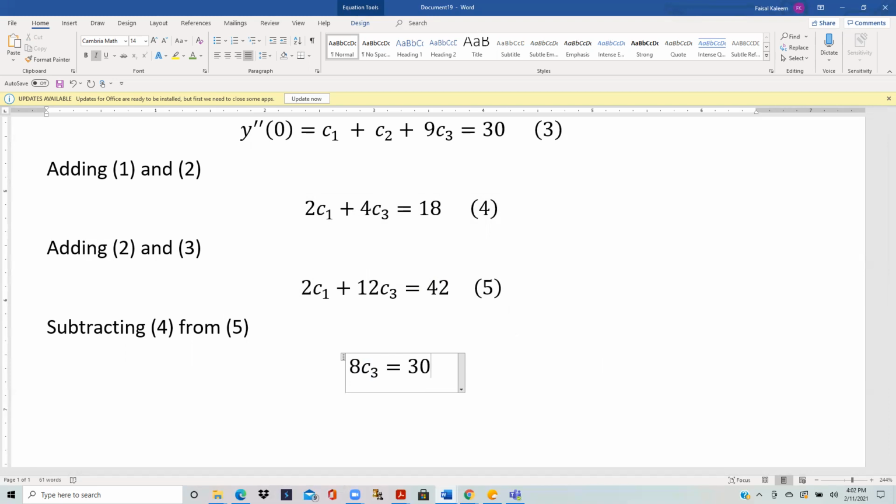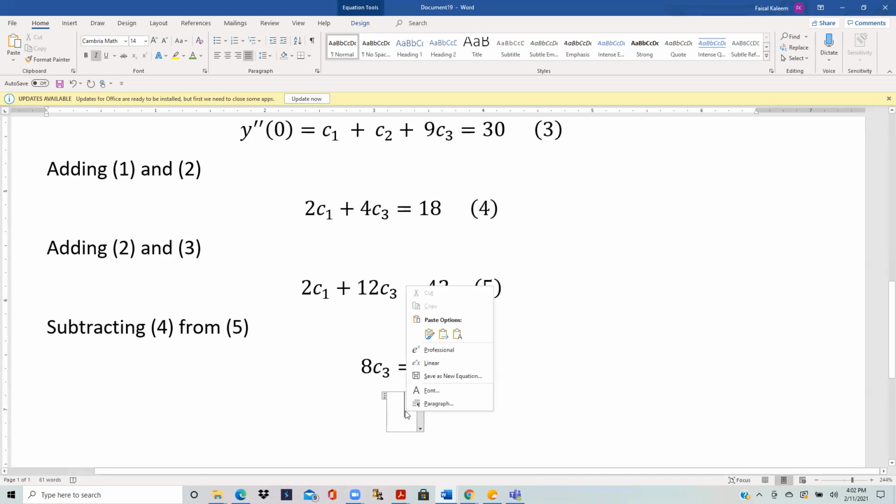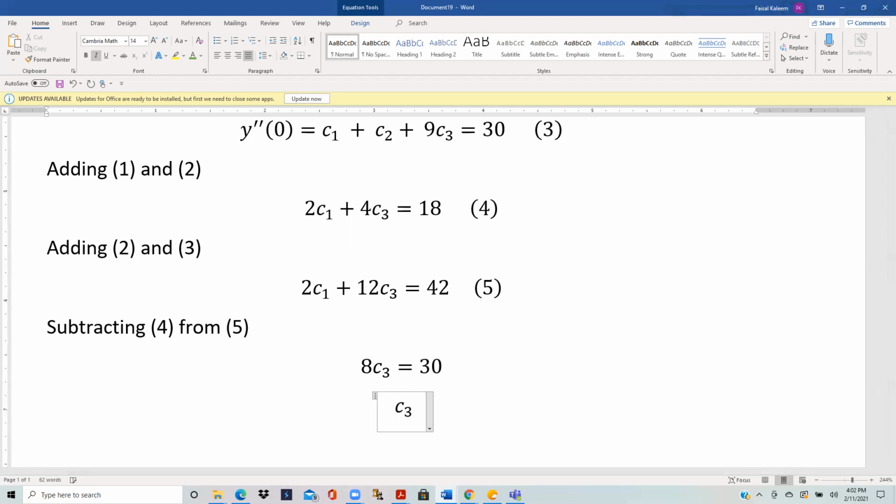And then when you divide by 8, you get C3 is equal to, okay, 30 divided by 8 is 3.75.